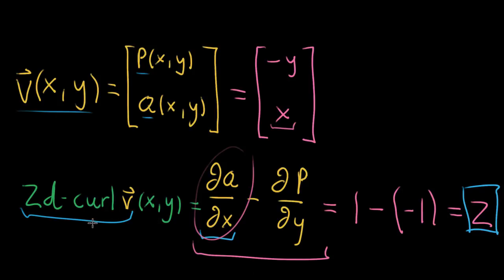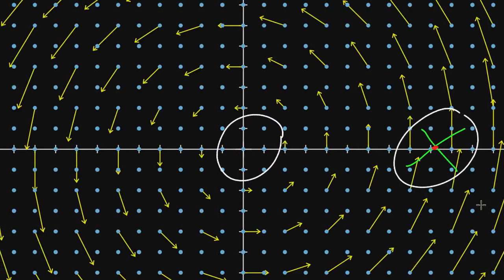Most times that you apply 2D curl to a vector field, you're going to get some kind of function of x and y. But the fact that this is constant tells us that when we look over at this fluid flow, the sense in which the formula for curl wants to say that rotation happens around the center is just as strong as it's supposed to happen over here on the right, or anywhere on the plane for that matter.